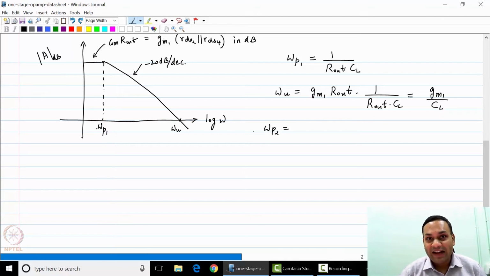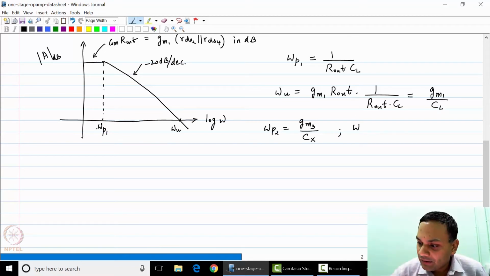It happens to be a left half plane pole, but I will only show the magnitude. It has a second pole at Gm3 over Cx. We have calculated this in a previous lecture, and it also happens to have a zero at 2 Gm3 over Cx.